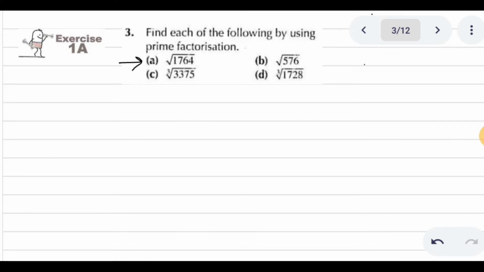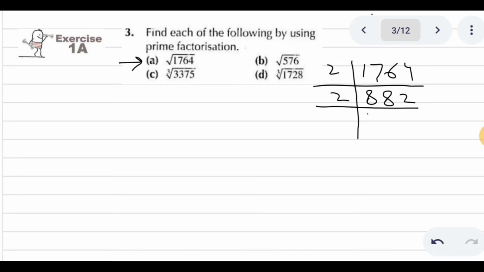1764. First of all we have to find its prime factors, and we can find the prime factors by using this method of dividing the number by the smallest prime number first, that is 2. 2 8s are 16, 2 2s are 4, then again it is divisible by 2, so it will be 4 4s and 1, and then again it is divisible by 3. 3 1s are 3 and 3 4s are 12, and 7 3s are 21.